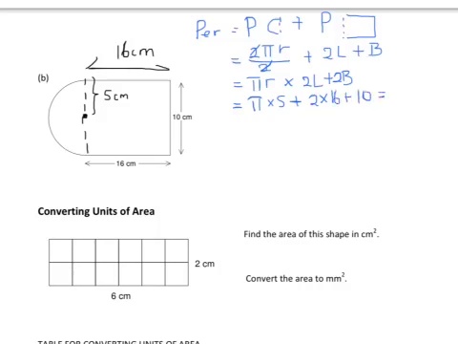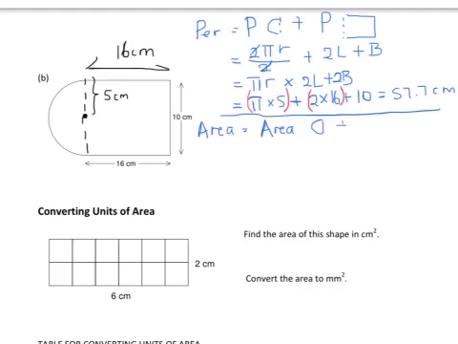If you put these into your calculator and you want to do it all in one step, make sure you force order of operations with those brackets, and it should give you an answer of 57.71, or 57.7 will do. And remember the units of measure, the centimetre.